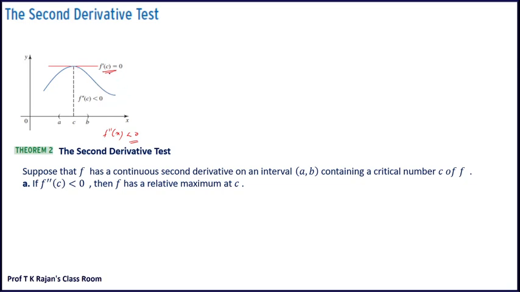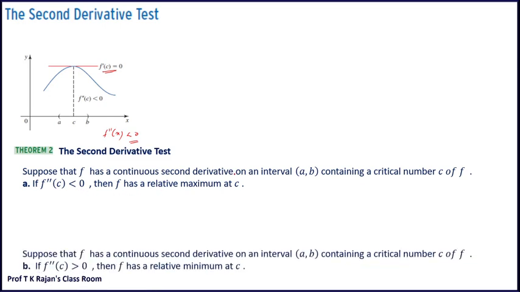At a maximum or minimum, f'(c) will be 0. At a maximum, f''(c) is negative. So, if f has a continuous second derivative on an interval (a, b) containing a critical point c, then if f''(c) is negative, f has a relative maximum at c.